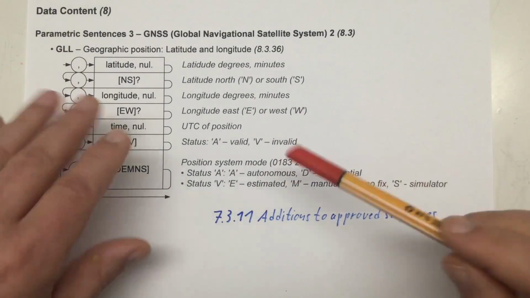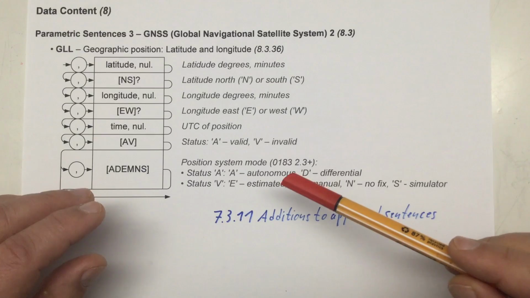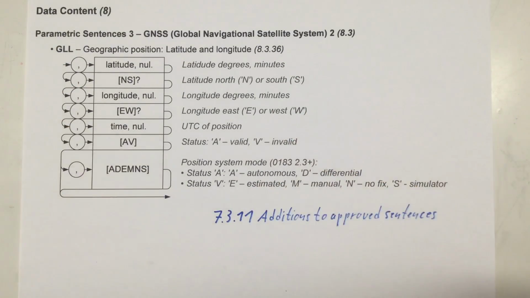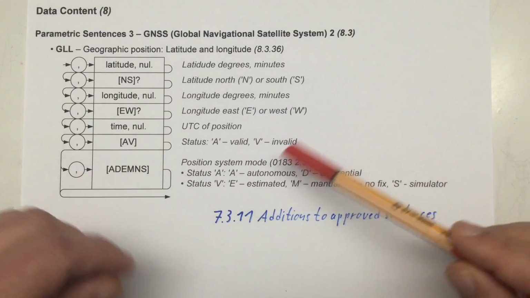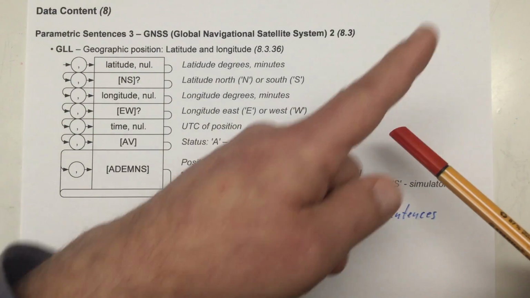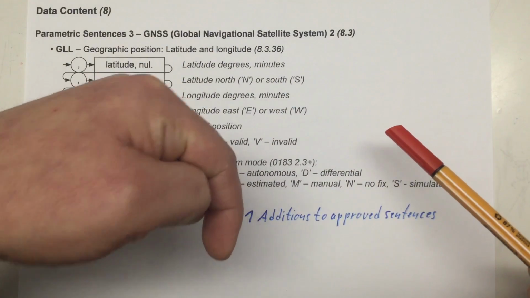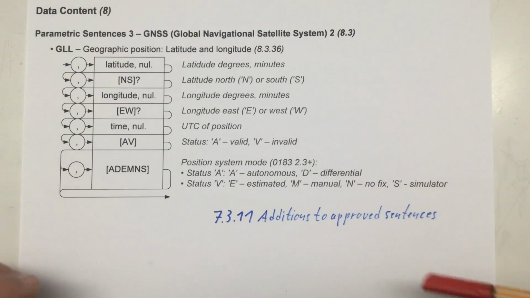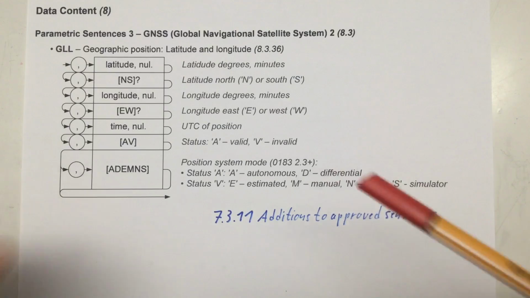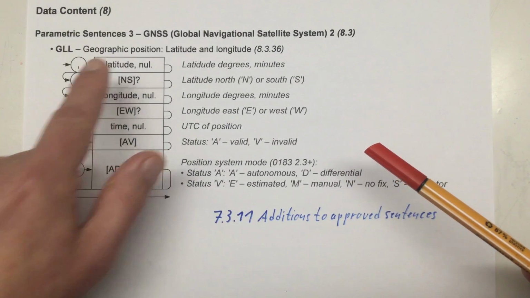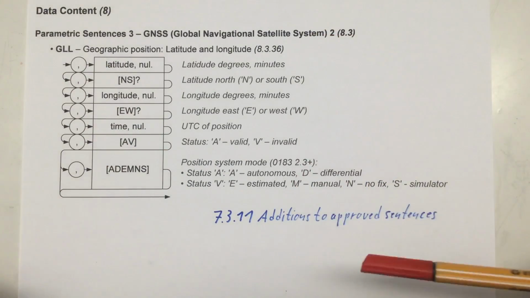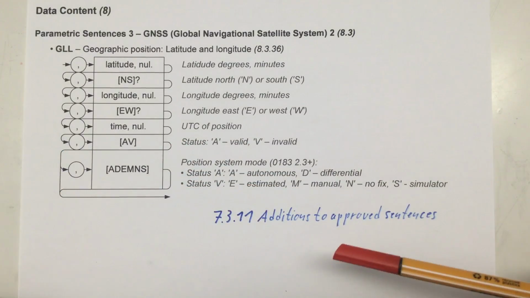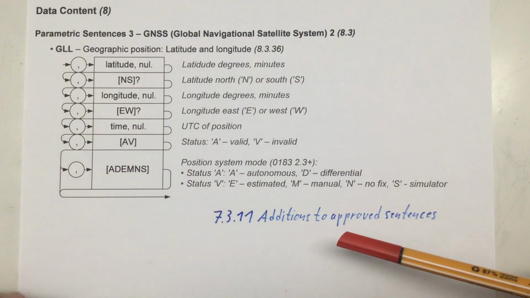If you have watched my video about NMEA standards in general, you'll know that NMEA 0183 is all about backward compatibility to older versions. Card to the video here, link in the description. So, in 7.3.11 additions to approved sentences, the standard states that existing sentences can be extended in future versions by adding fields at the end of the sentence, and that's what happened here.